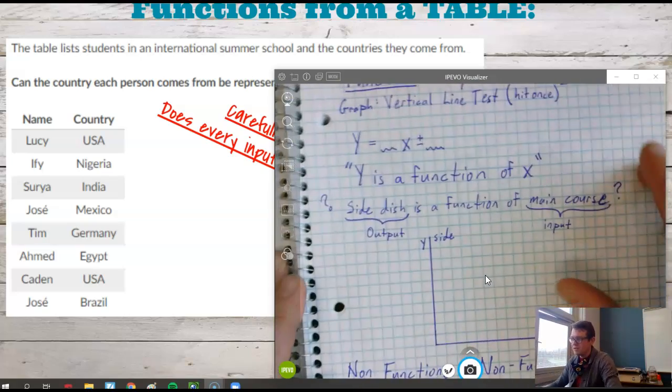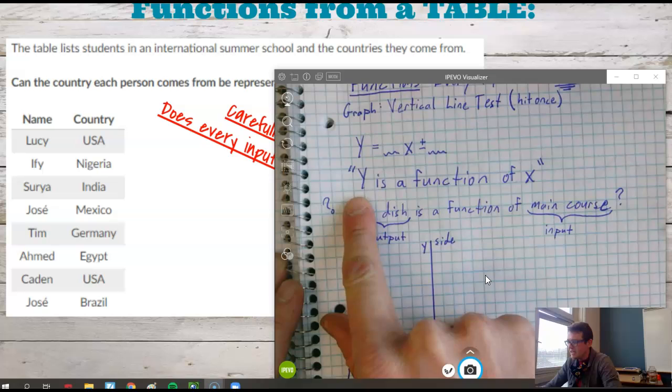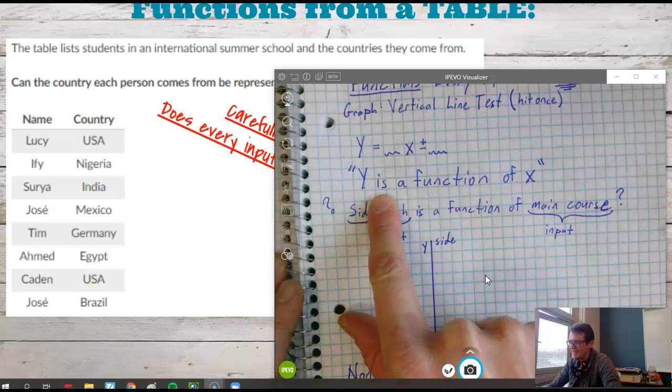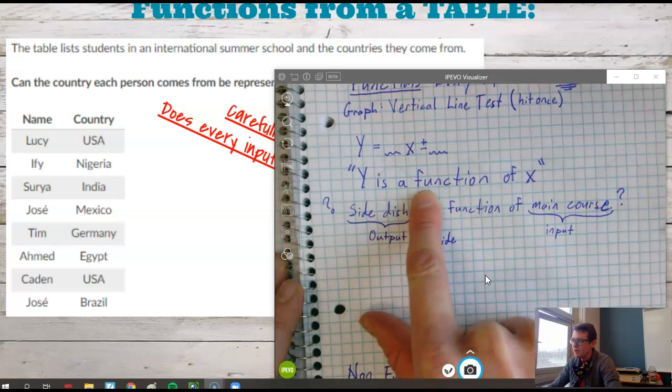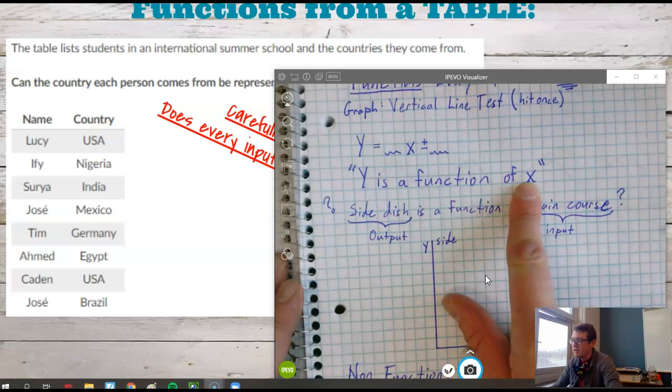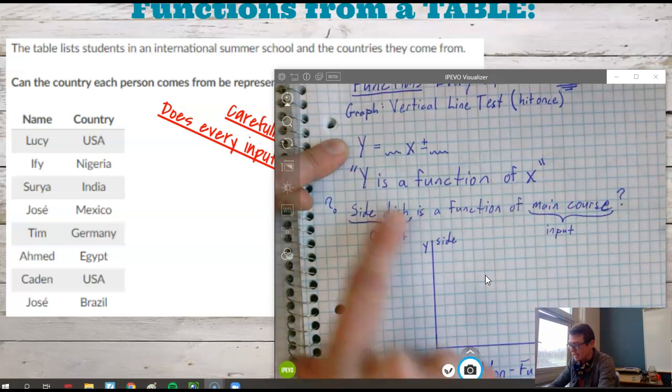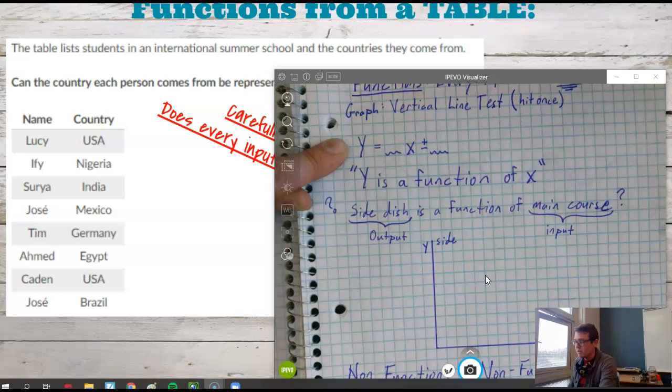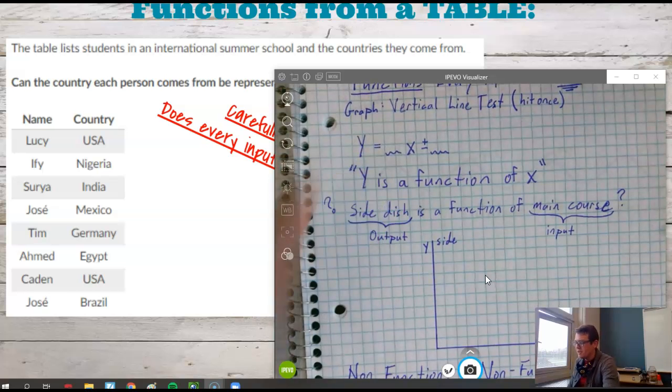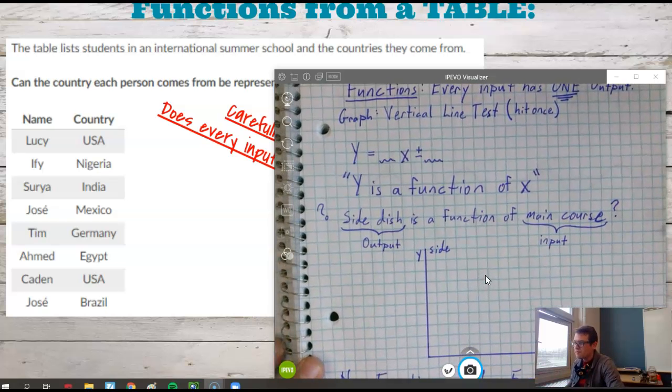If we say y is a function of x, that's because y equals something compared to x. Y is double x, y is half of x, whatever.